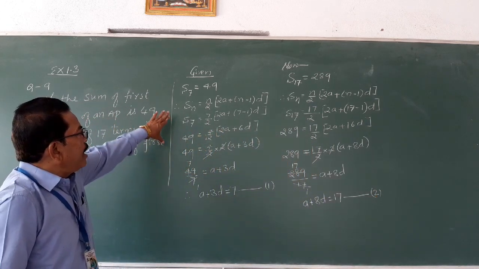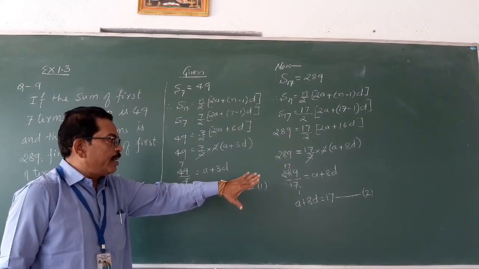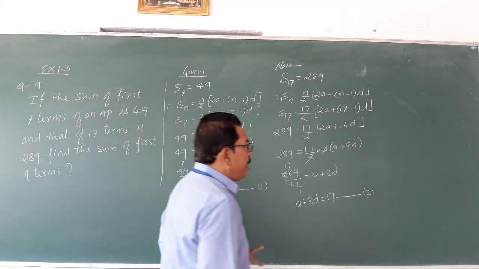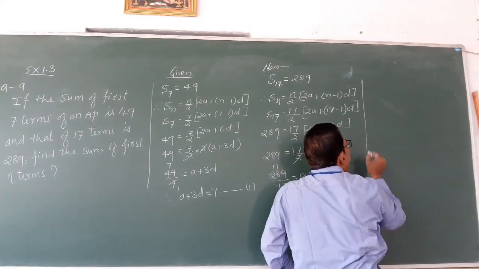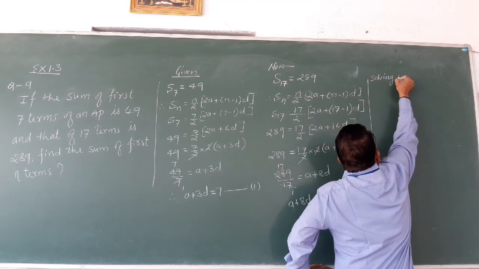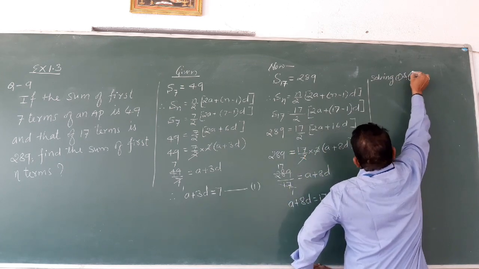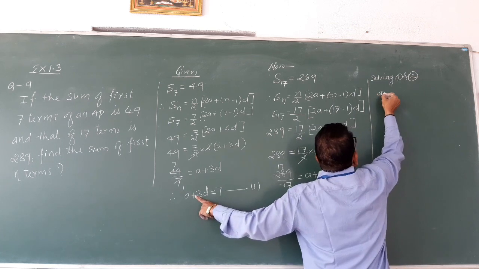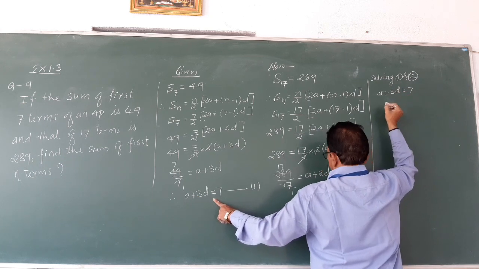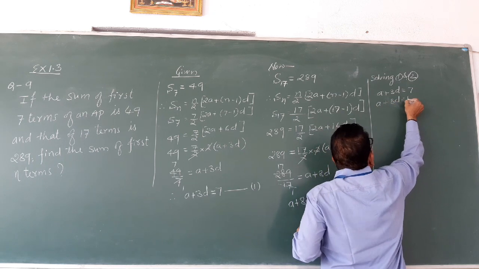We have created the two equations: a plus 3d equals 7, a plus 8d equals 17. Let us solve both the equations, 1 and 2. a plus 3d equals 7, a plus 8d equals 17.